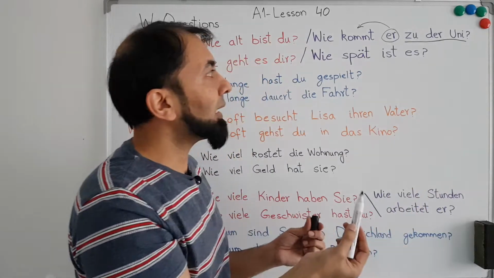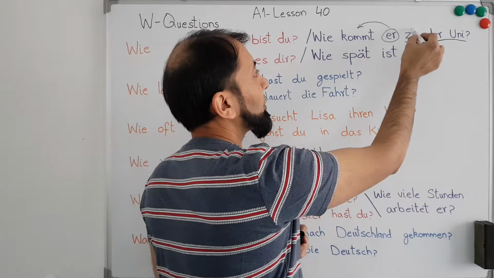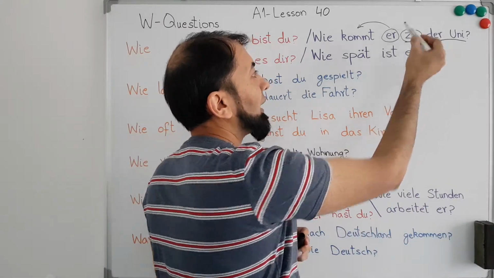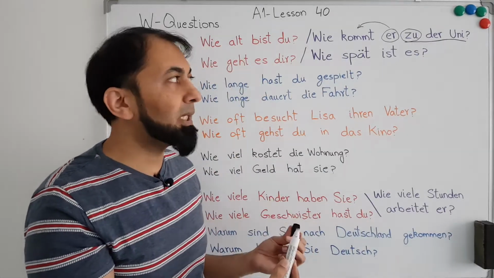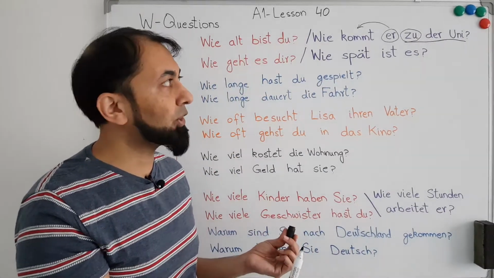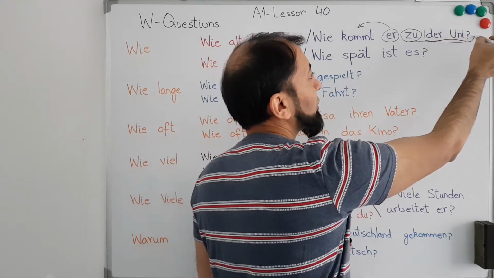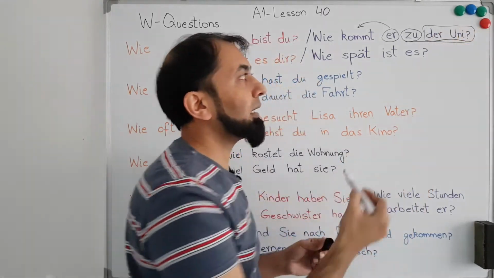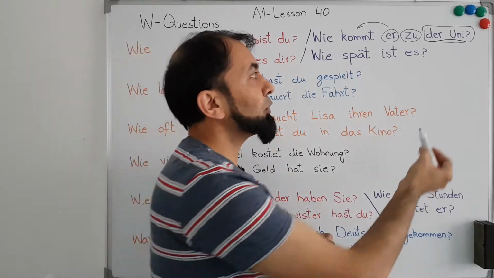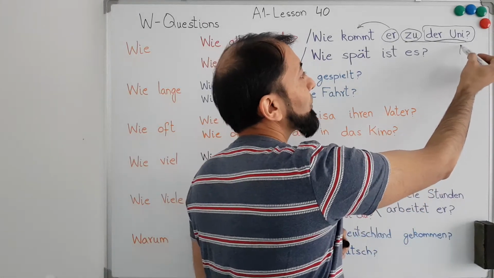Now in this part of the sentence we are using a preposition called zu, which is a dative preposition, and it means that whenever we use a dative preposition, the part of the sentence which comes after it will take the dative rule, which means we have to check what noun we are using in this sentence.